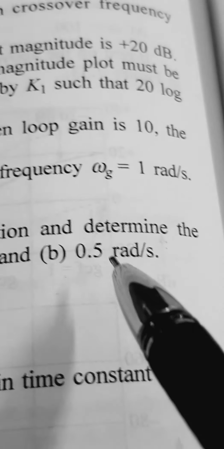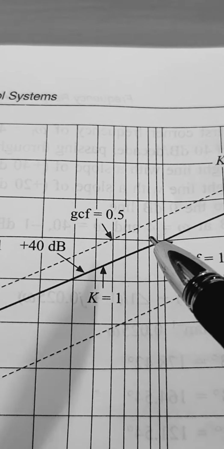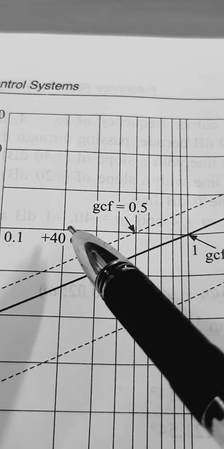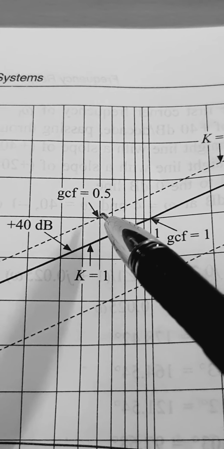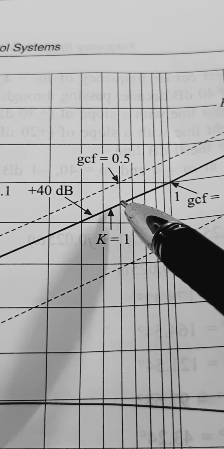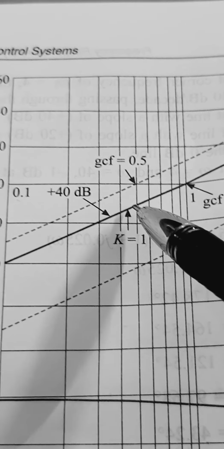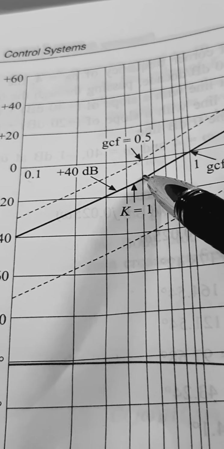Okay, now next question. Find the value of k if the gain crossover frequency is 0.5 radians per second. So now this is the graph, this is frequency omega is 1. Here 0.1, 0.2, 0.3, 0.4, 0.5. Now you know that for the actual Bode plot, at 0.5 the gain is almost minus 14 dB.